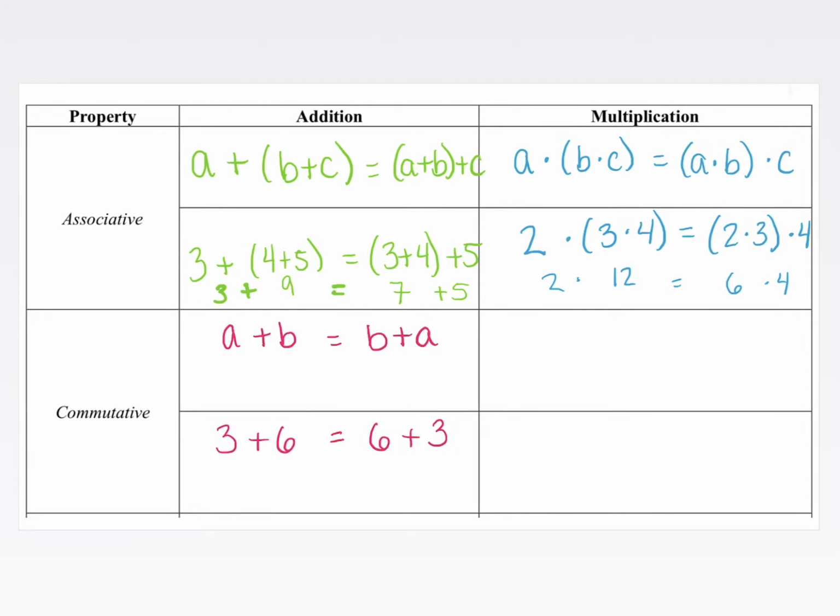We'll still get 9 either way. For multiplication, A times B equals B times A. For instance, 4 times 5 is the same thing as 5 times 4, as you probably found out in your elementary school class.